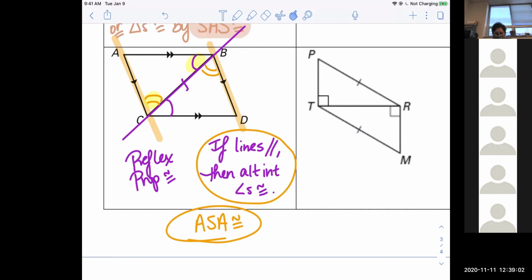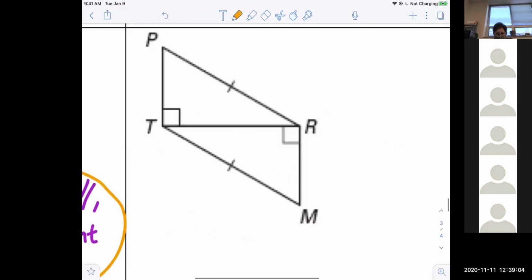So if we use the reflexive segment here, also be careful when you're marking things that you don't use 1 mark, 2 marks, 3 marks. I don't want you to do that, because that means all three of those are the same. That's definitely not the case. So that one is congruent. She said reflexive property of congruence.